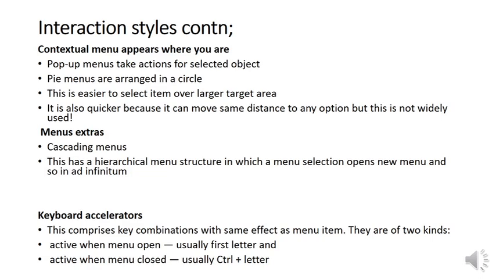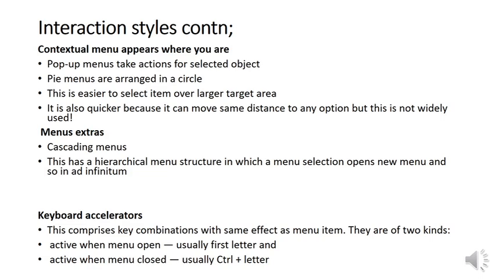Menu extras: cascading menu. This has a hierarchical menu structure in which a menu selection opens a new menu, and so on ad infinitum. Keyboard accelerator. This comprises key combinations with the same effect as a menu item.